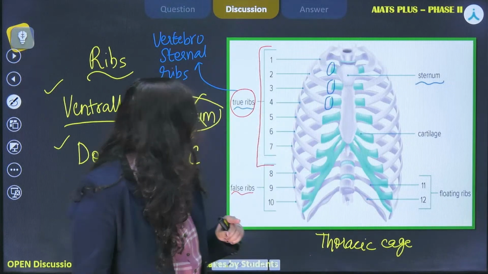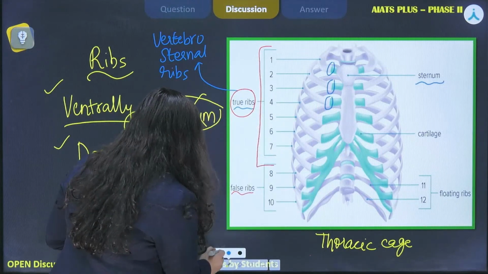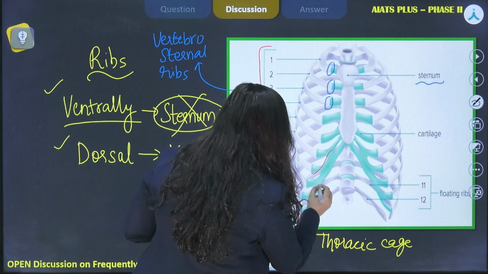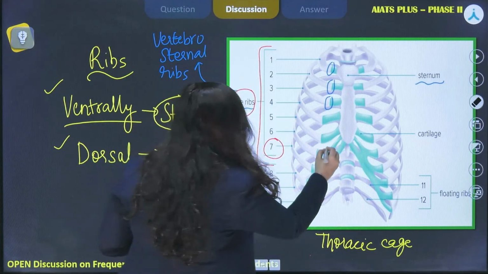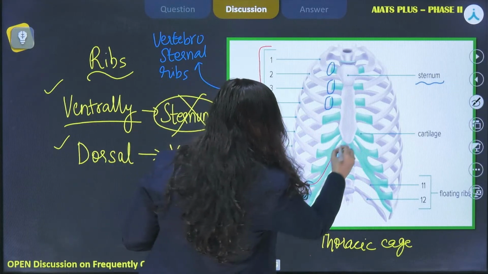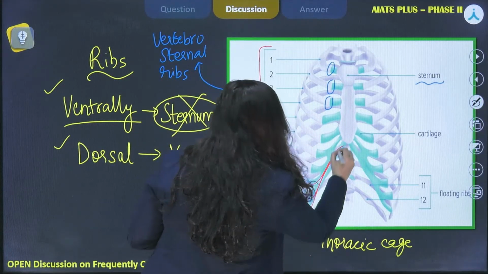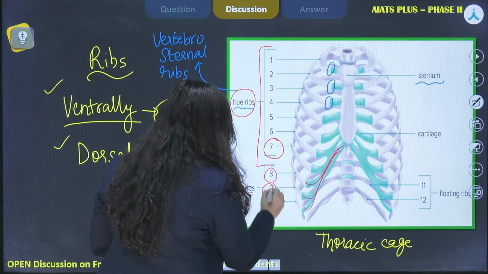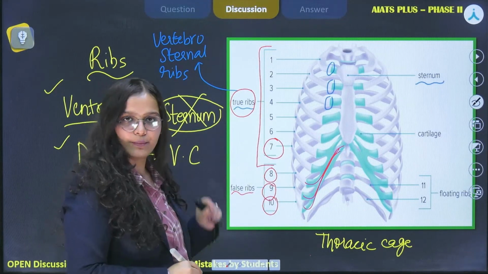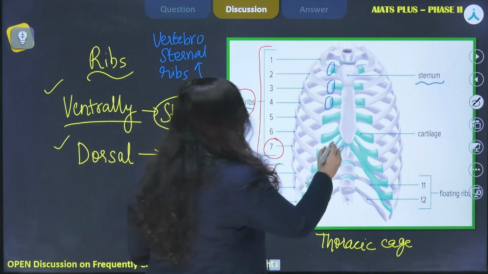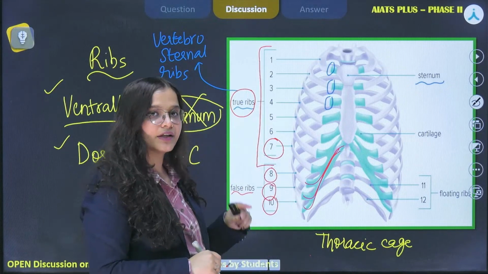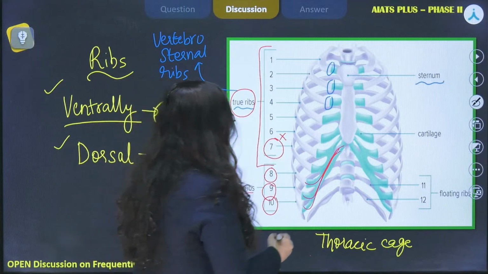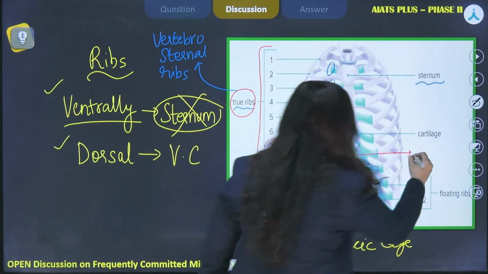Instead, they are connected to the 7th rib with the help of a cartilage, which is known as the hyaline cartilage. We can see in the figure that the 8th, 9th and 10th pairs of ribs are not attached to the sternum directly, rather they are attached to the 7th rib with the help of the hyaline cartilage.